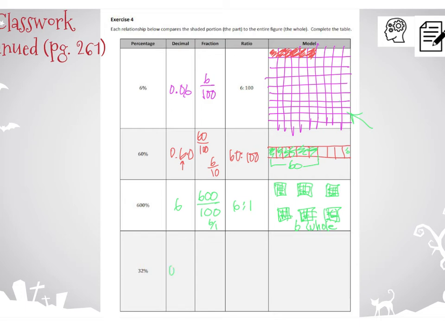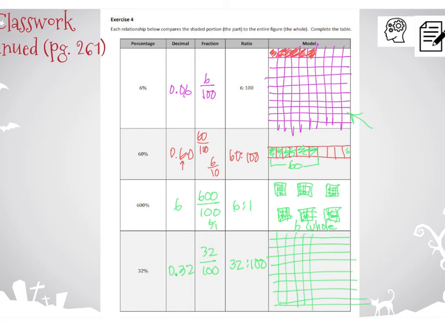So 32% is written as a decimal, 32 hundredths, and our ratio is 32 out of 100. So then what I would do is I would count 1 to 10, and 1 to 10 again.